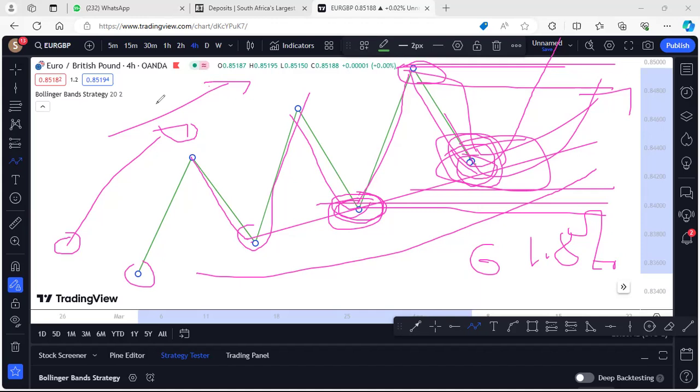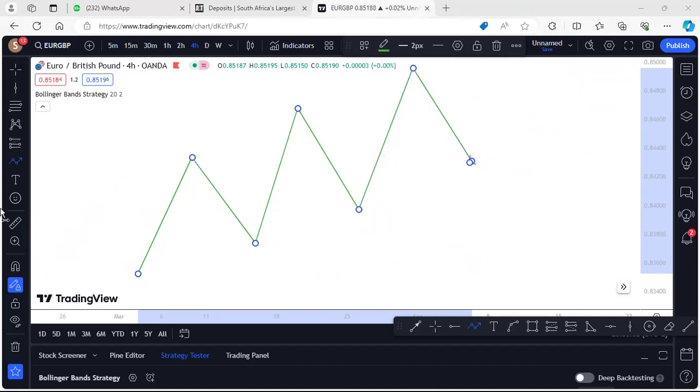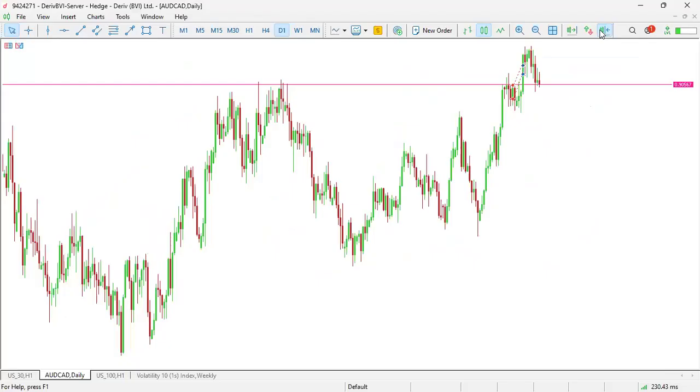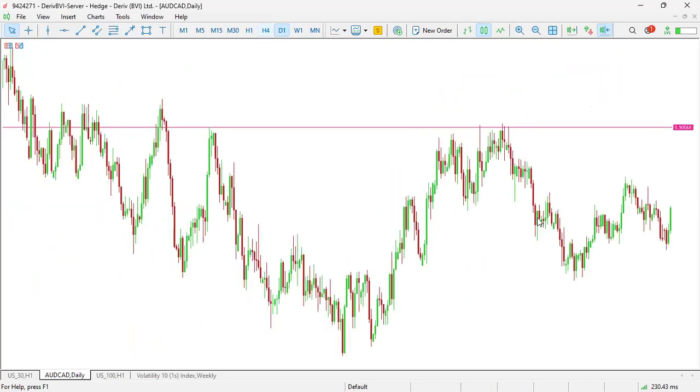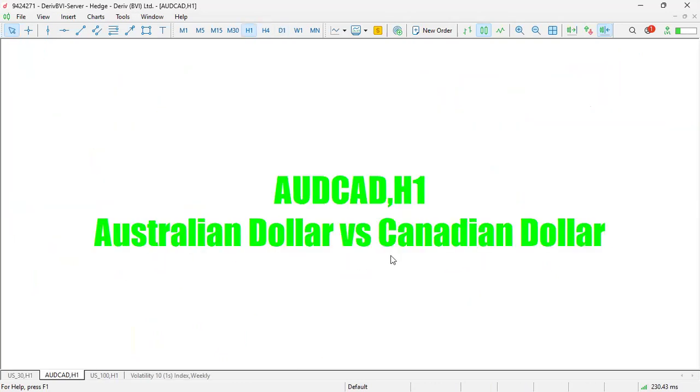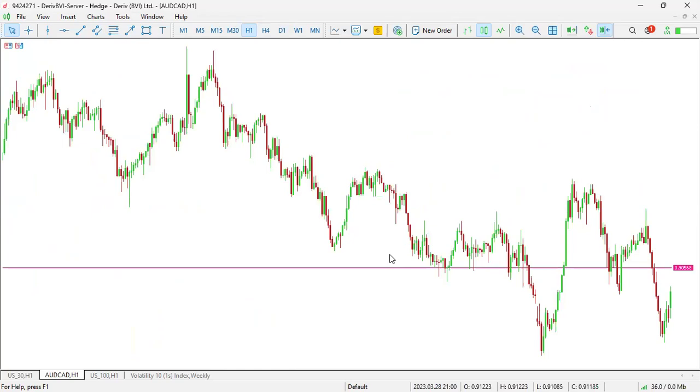Let's go back and search for the tool now. Okay, if you have to go back to the MT5 platform here. If we come back here, let's try to switch to just any time frame that we can easily identify this tool.